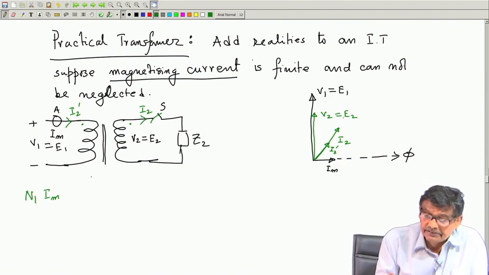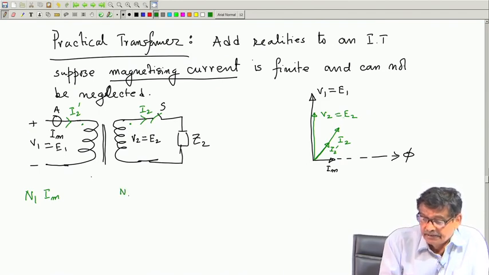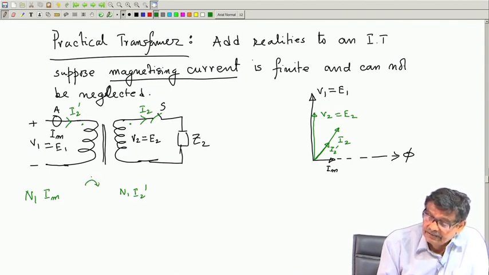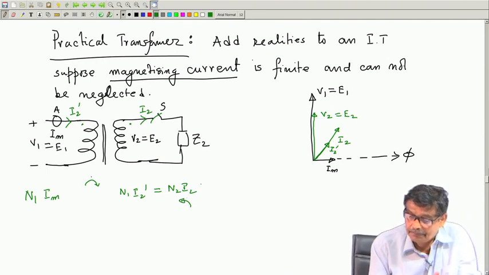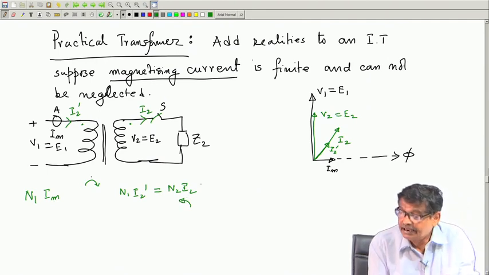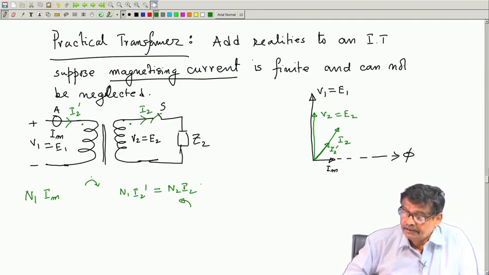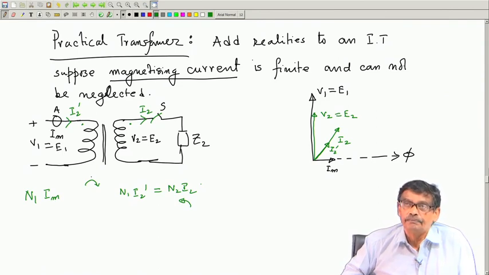And I 2 dashed is such that N 1 I 2 dashed, which produces flux in the clockwise direction, and N 2 I 2, which produces flux in the counter direction, will balance off, and once again the MMF will remain N 1 into I m.